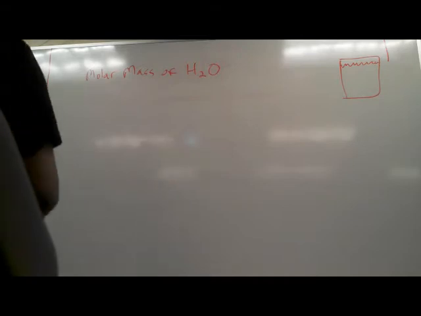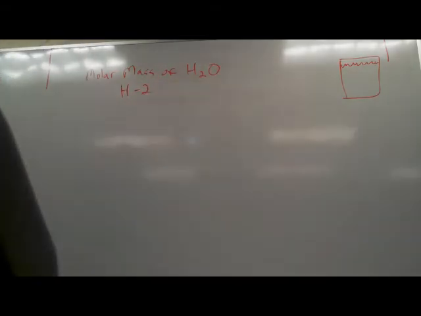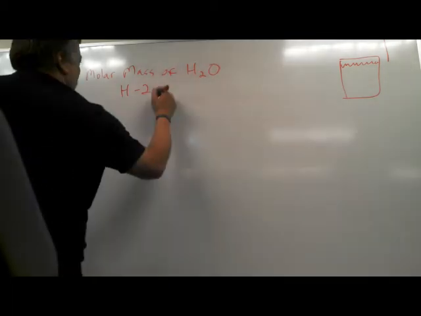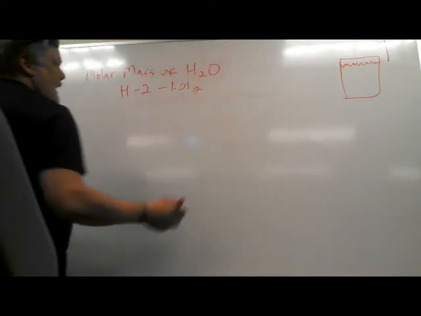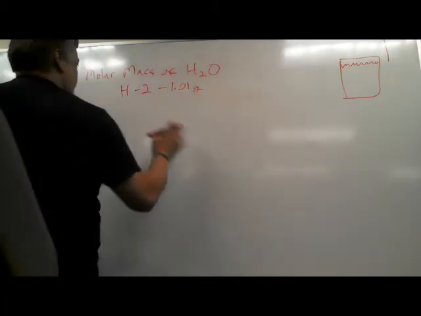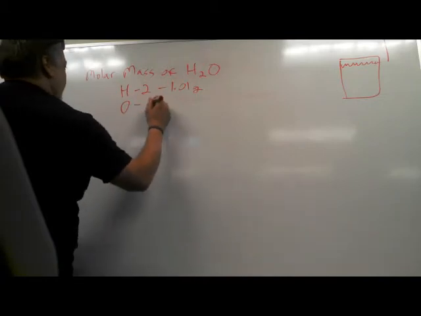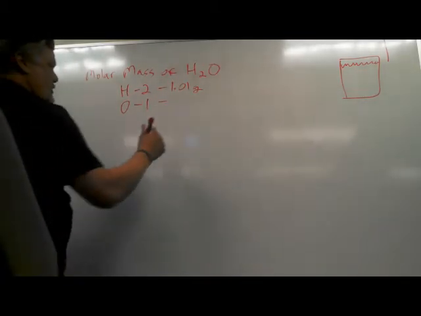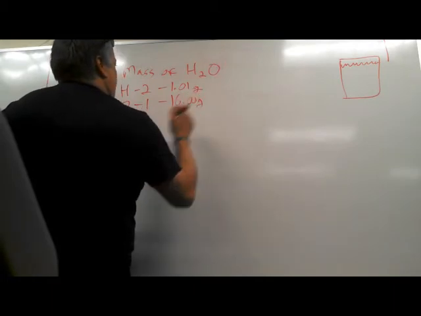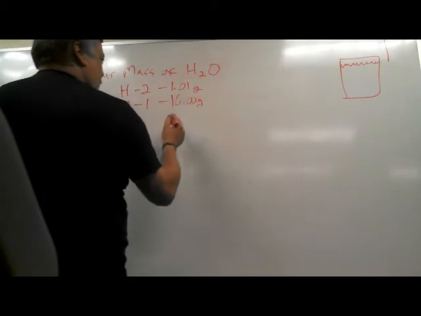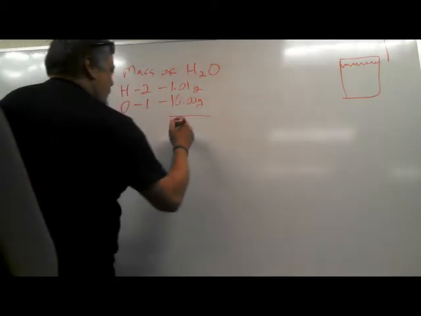We have two hydrogen atoms, right? And they are each 1.01 grams in their molar mass. Okay, and then we've got one oxygen, which is 16 grams. So you've got two 1.01s and a 16. That's a grand total of 18.02.